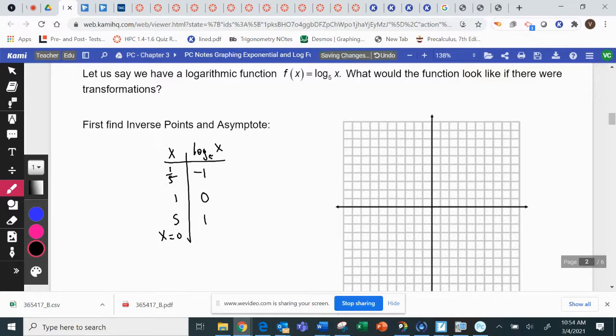That would be just the parent function log base 5 of x. So I'm going to graph 1/5, -1, 1, 0, 5, 1. And then I have an asymptote at x equals 0, which is vertical instead of horizontal. So there's the logarithm graph.